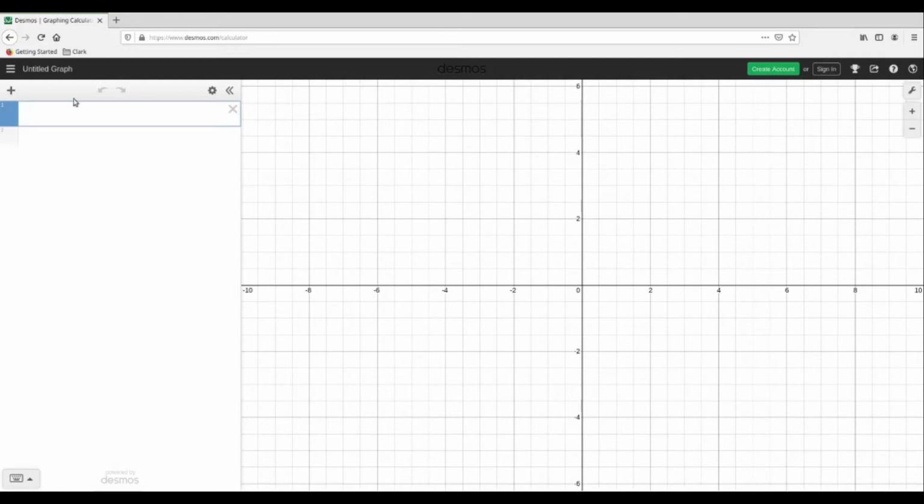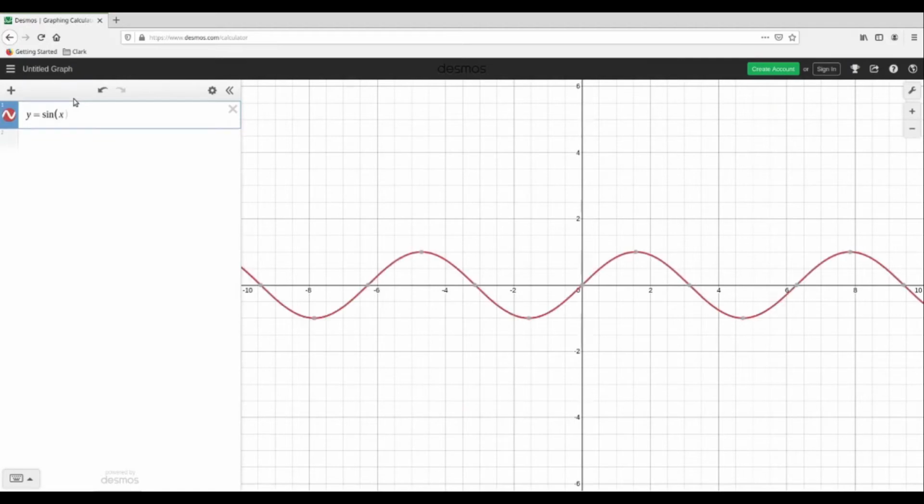So the first function we want to visualize is the sine function, and see what the inverse of the sine function is.